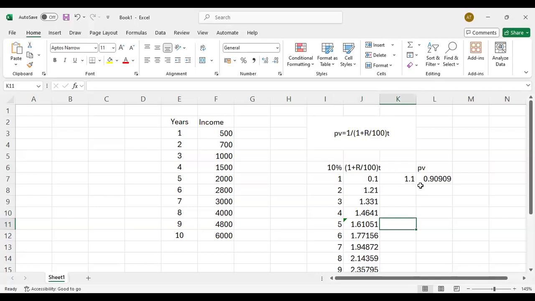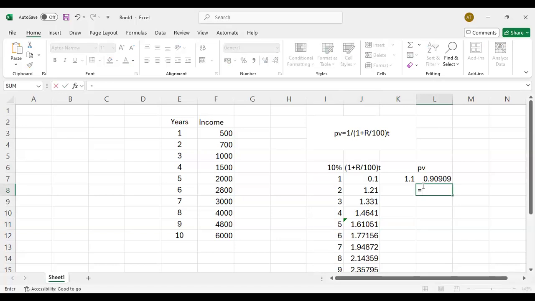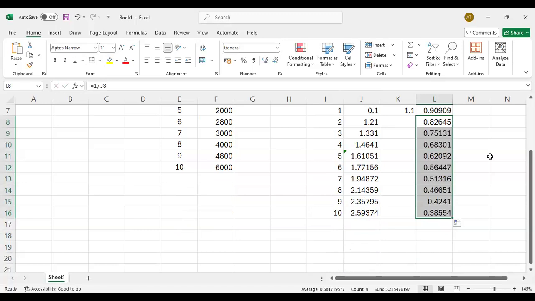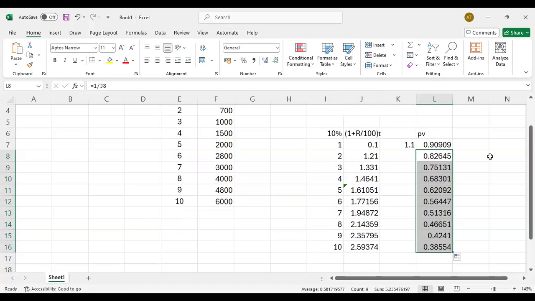Now what I'll do, I'll just divide 1 by this value. So 1 divided by this value, I'll get these answers.